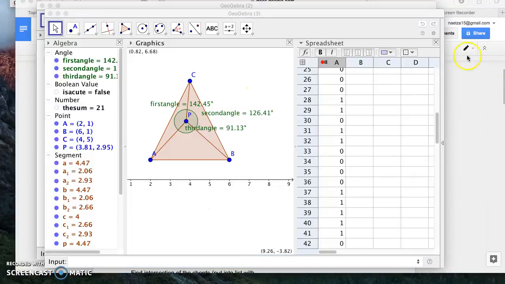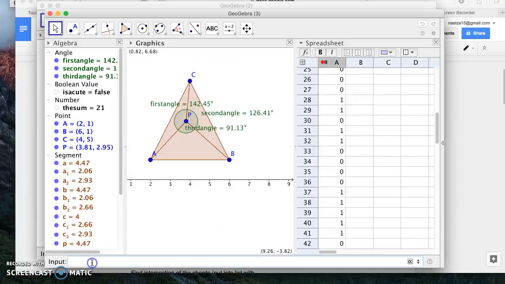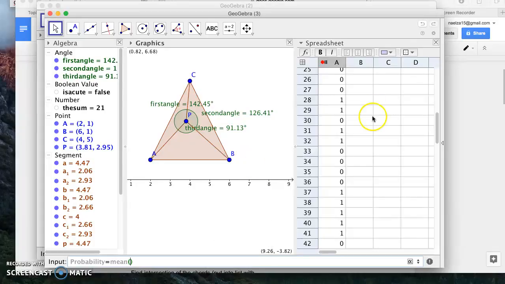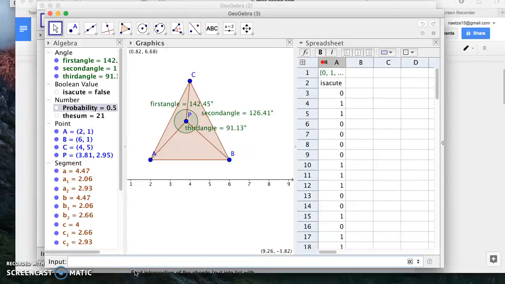Lastly, I want to find what the question is asking me: find the probability that one of the triangles is acute. So I'm going to type in probability equals the mean of my list, which is A1. The mean of A1.